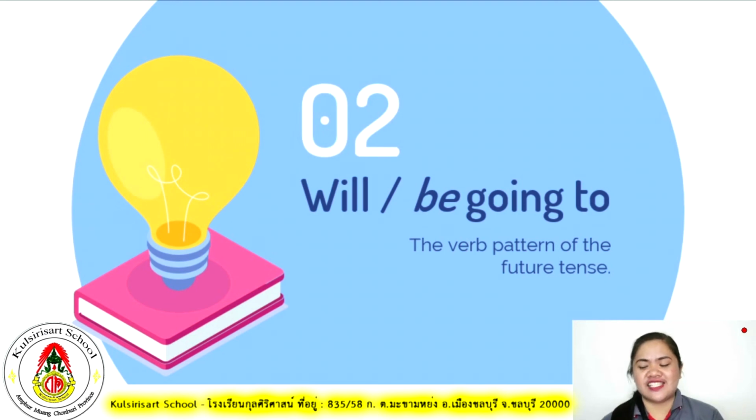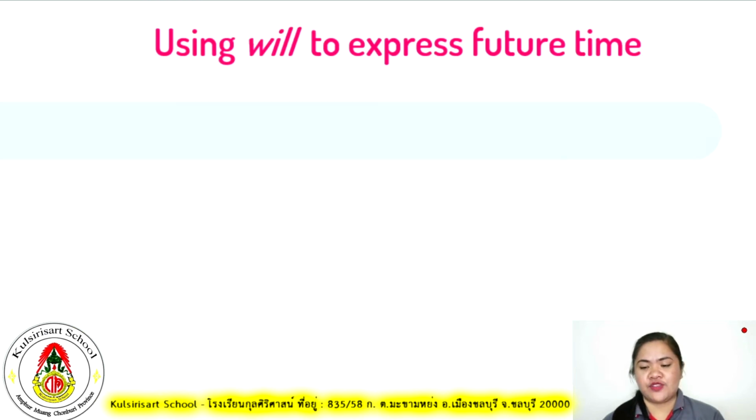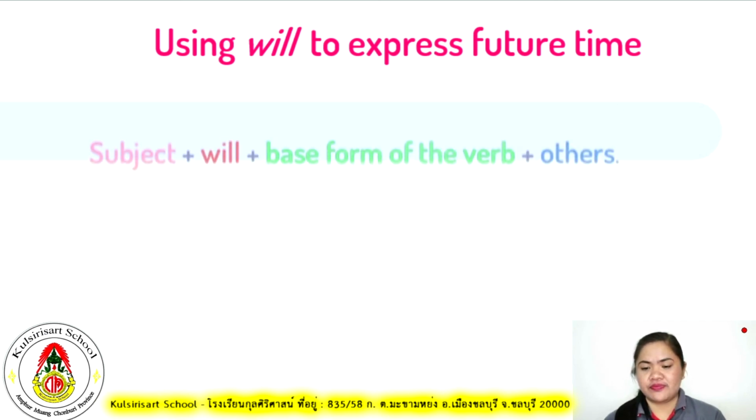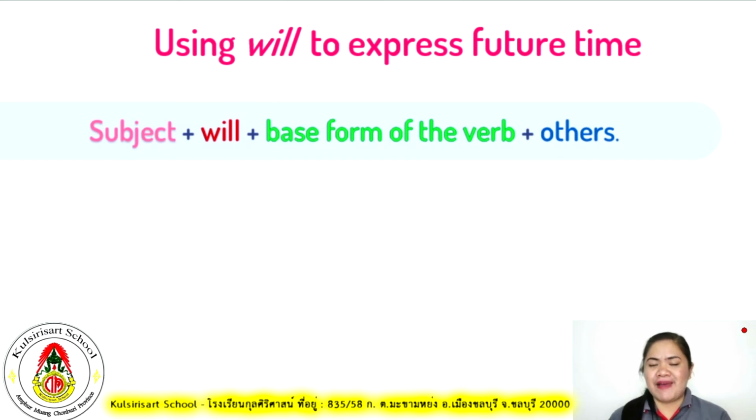So now let's go to the usage of will and be going to express future time. So let's start with the usage of will. Using will to express future time. Remember this pattern.